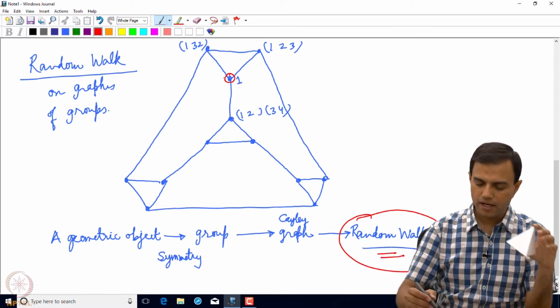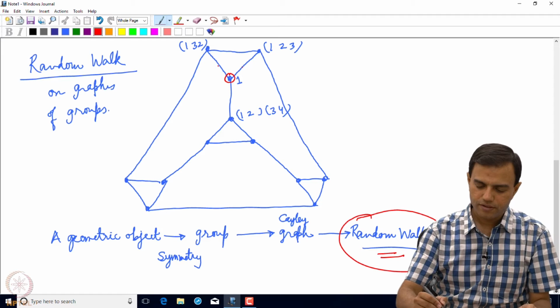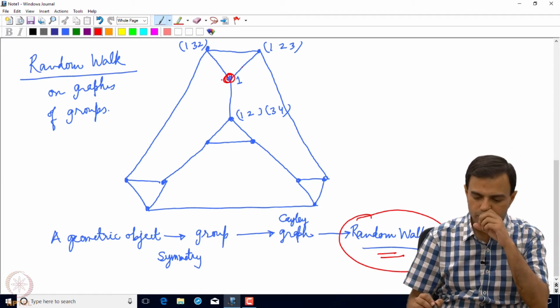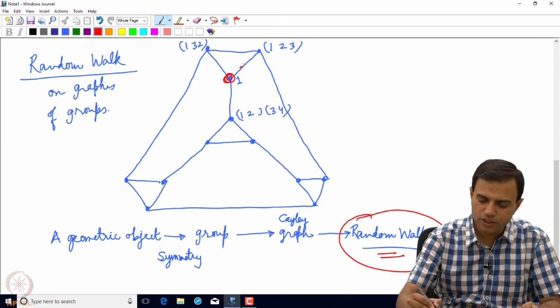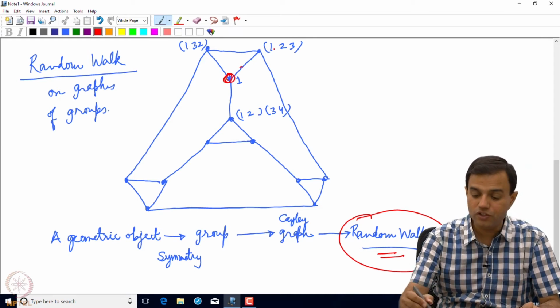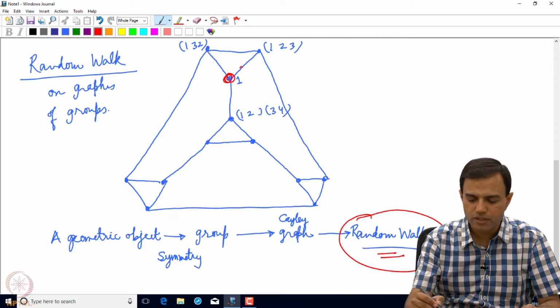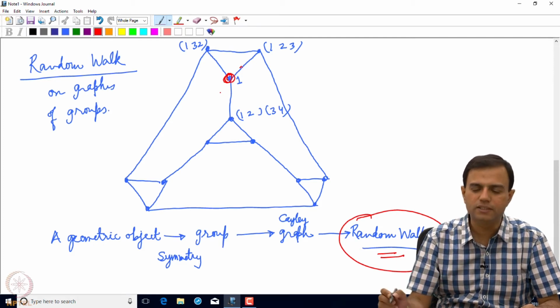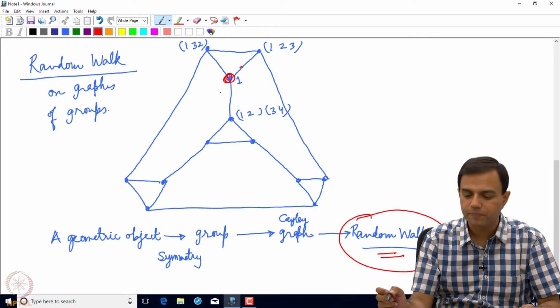And then at each node I have options to traverse either through this or through this or through this. So there are 3 options. At each node I have 3 options. I can go like this, like this, or like this, in 3 different directions.